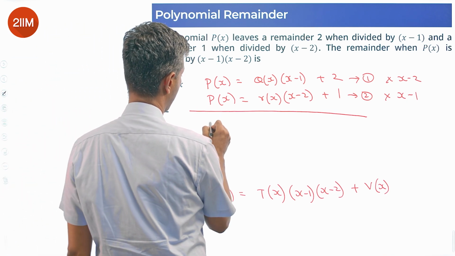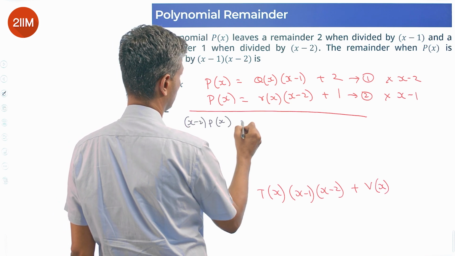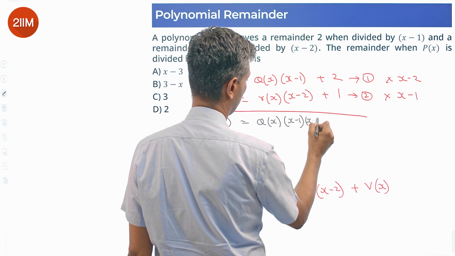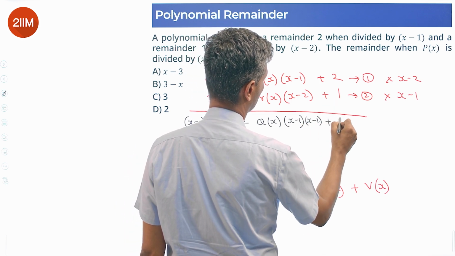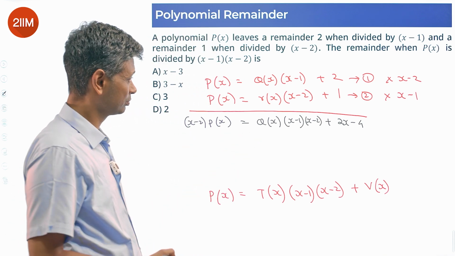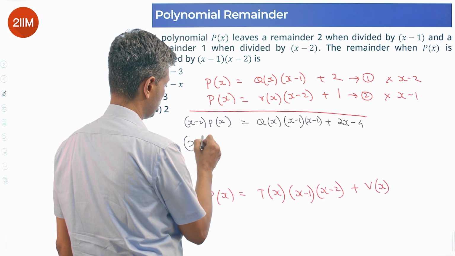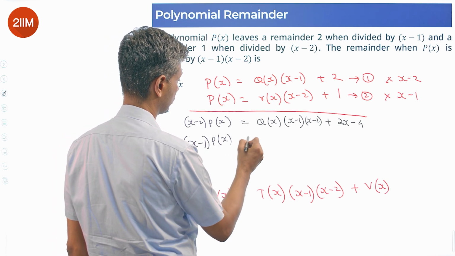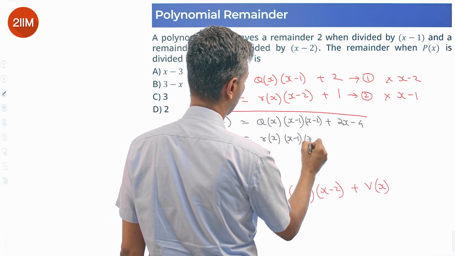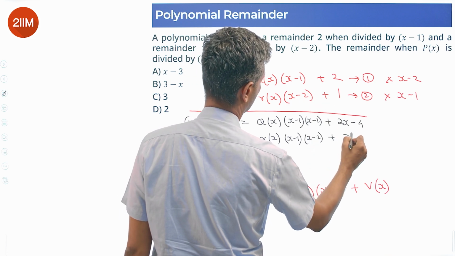We get p of x into x minus 2 equals q of x into x minus 1 into x minus 2 plus 2 into x minus 2. And x minus 1 into p of x is r of x into x minus 1 into x minus 2 plus x minus 1.